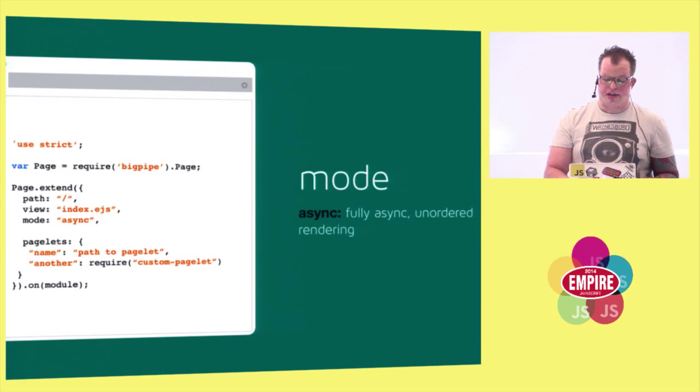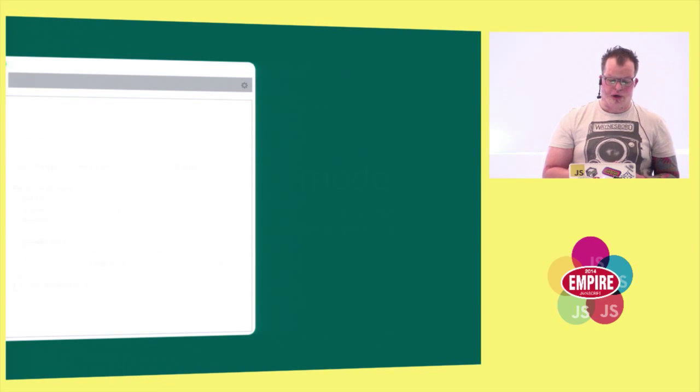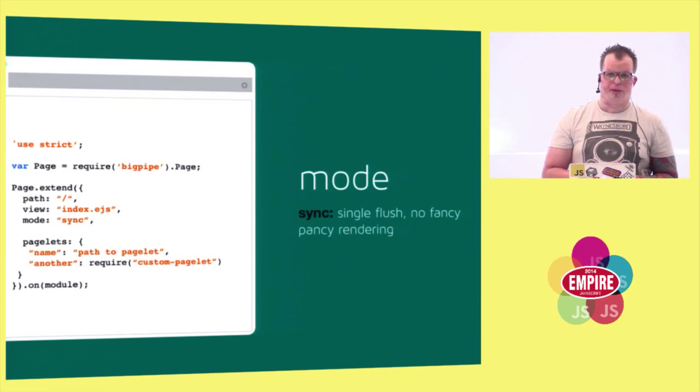For those cases, there's a different mode called pipeline, which renders the pagelets in the order that you specified in the object. And as the last mode, we have a sync mode, which is basically a single flush, which doesn't require any fancy rendering or JavaScript just to render your site.